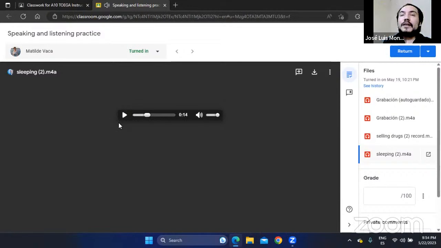Oh, over there, right? If you say it's not possible for me, after you have an object, when you say it's possible or impossible, you have to use the infinitive. If not, it's going to be incorrect, right? So for me to sleep. If you say sleeping over there, it's not going to be correct, right?